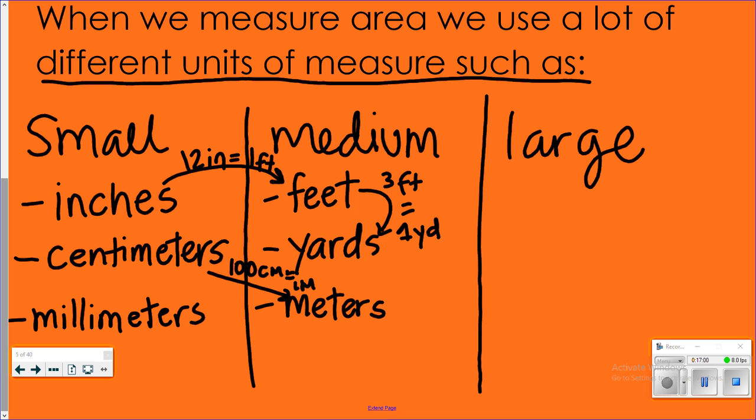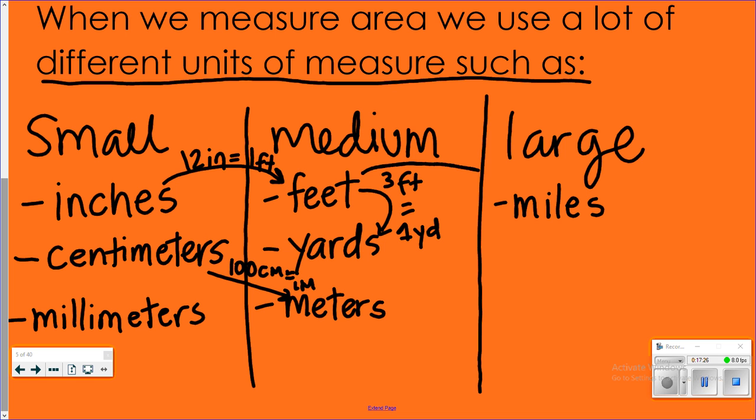Alright, so now we're going to go over to the large category and think very large. What are some large units of measure that I would use to measure really long things? Emma? Miles. Miles are very long.